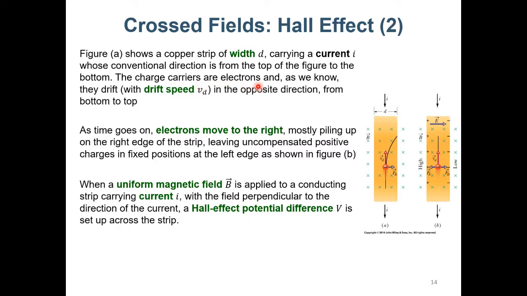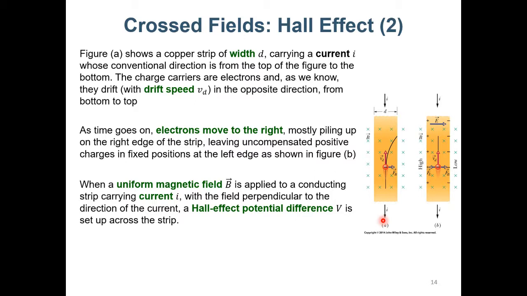Now we assume the charge is really an electron. As long as the charge is negative, the velocity is going to the top. The velocity is pointing to the top, and the magnetic field is going into the page.